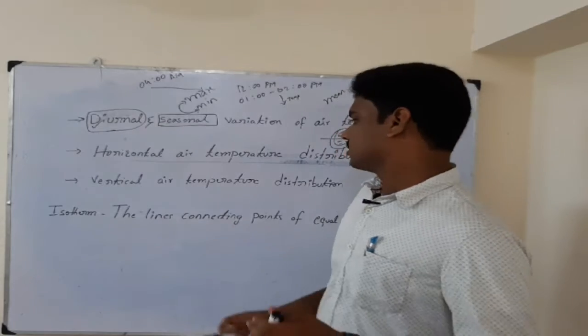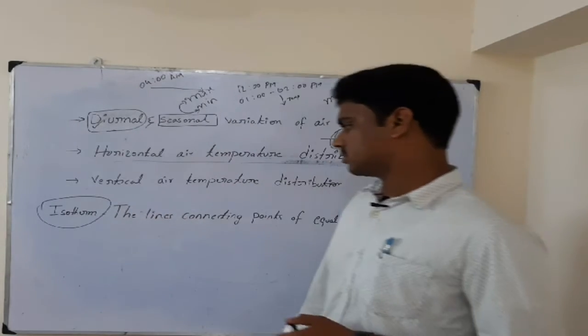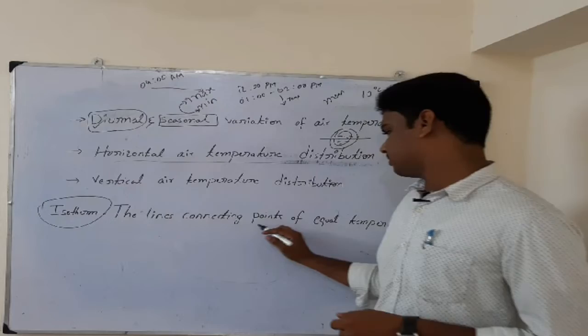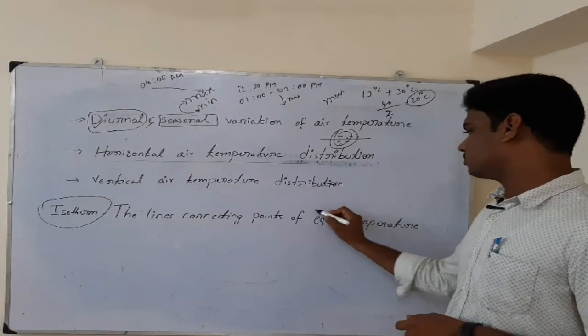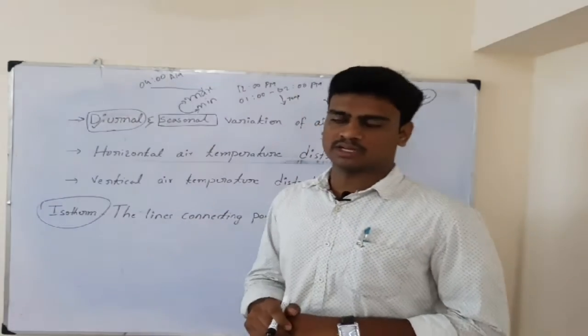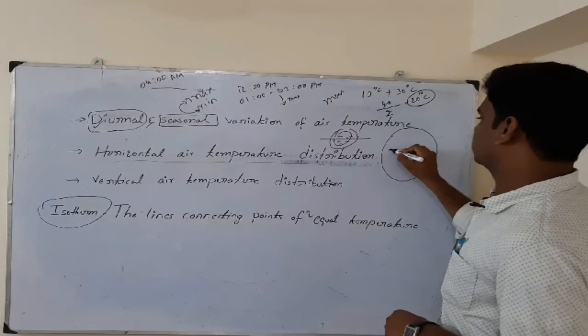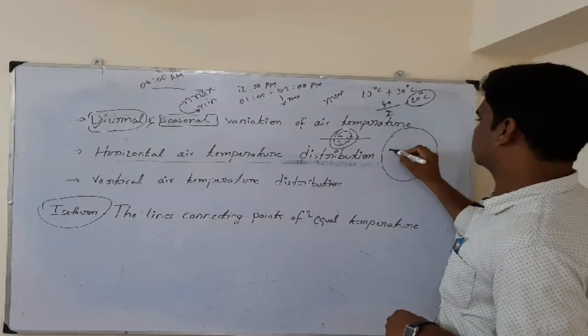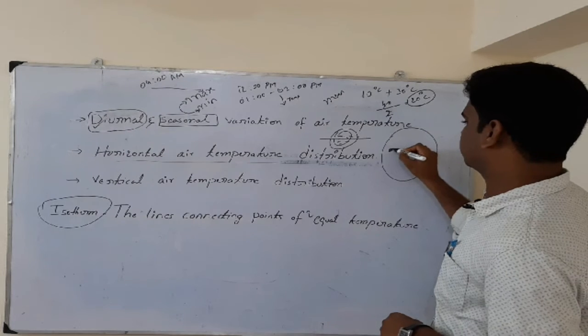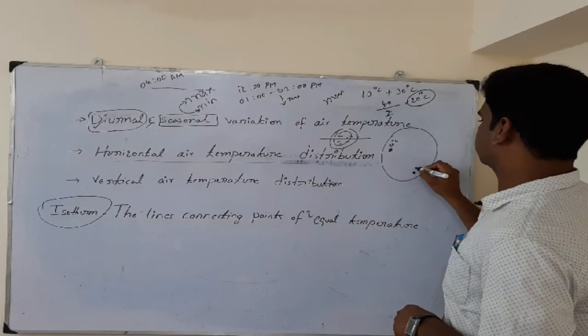Then the next one, which is very important, is isotherm. Isotherm means the lines connecting points of equal temperature. For example, in a particular location on the earth the temperature is 20 degrees centigrade, and somewhere else, in another place, there is the same temperature of 20 degrees.